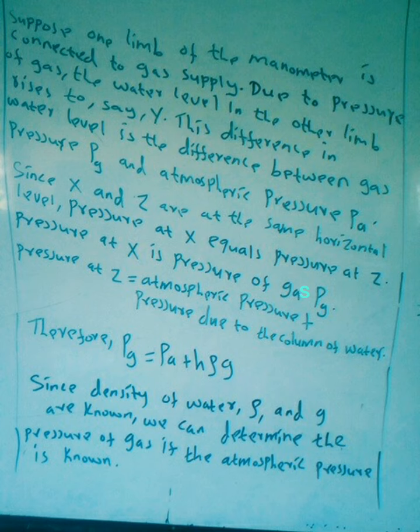Since the density of water, rho, and g are known, we can determine the pressure of gas if the atmospheric pressure is known at that particular place. Height is measured and its value recorded using a meter rule.